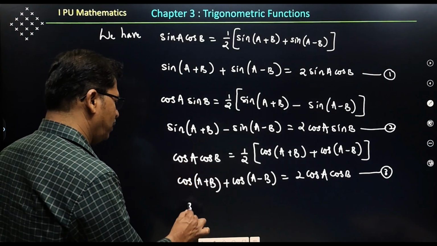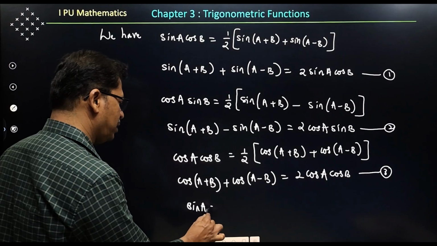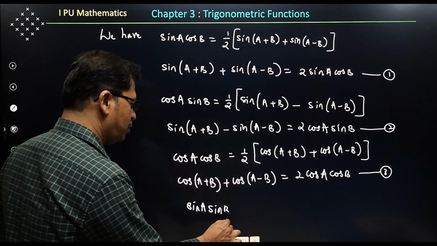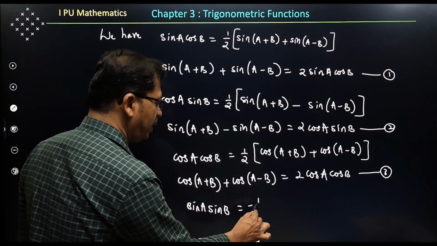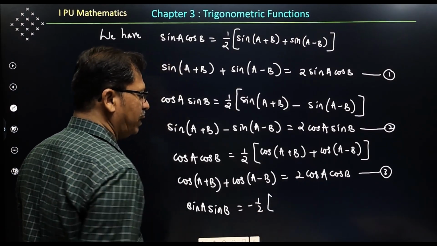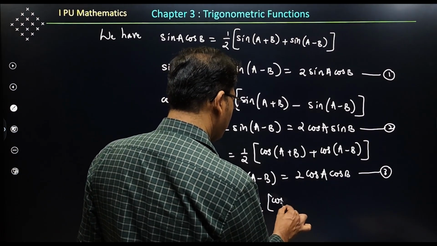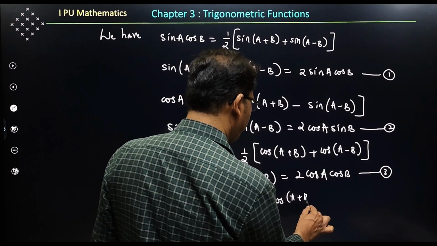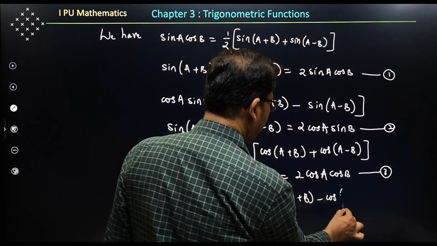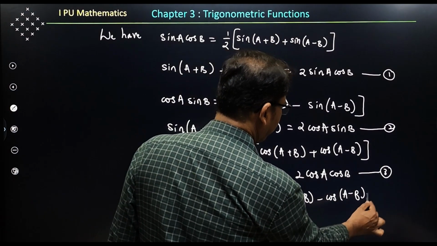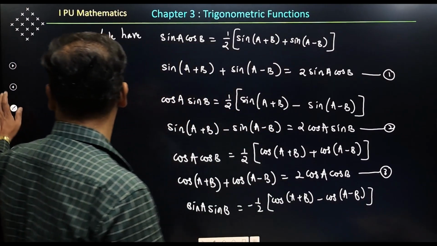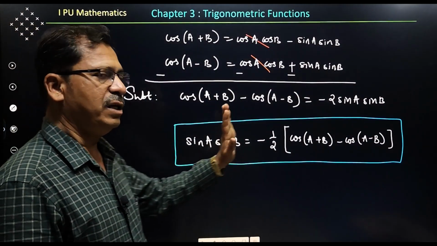Sin A into sin B is equal to, just now we have proved, minus 1 by 2 into bracket cos of A plus B minus cos of A minus B. Here it is, sin A sin B equal to this much.